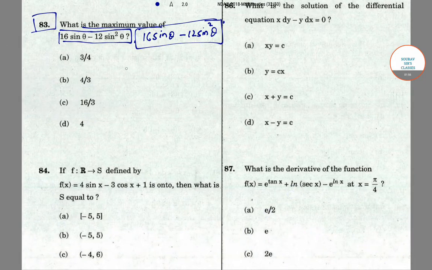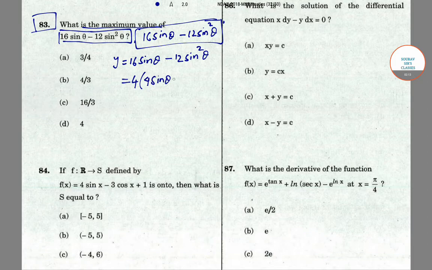For this, first of all, I'll write down y equals 16 sine theta minus 12 sine square theta, which will be equal to, if you take 4 common, 4 sine theta minus 3 sine square theta.